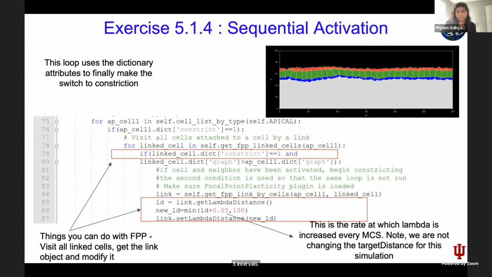I also want to make sure that I am only constricting cells where, if my right neighbor has also turned on constriction, that's when I start increasing any of the lambda properties. So I have two attributes, one identifying whether each cell has that constriction label on or not, and then making sure that whatever needs to constrict is to the right of this.